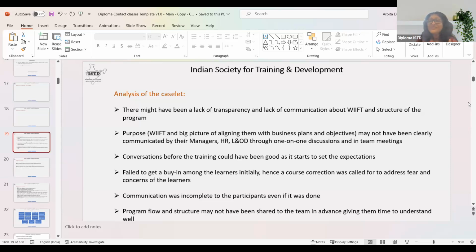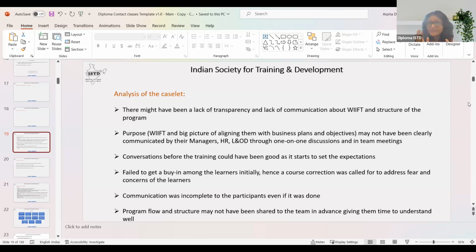Okay, so those pre-session or pre-course activities to create that vibe, to have them understand the program, to have them understand the expectations, all of that has to be channelized through those pre-course and pre-session activities. So that has to be done very well.